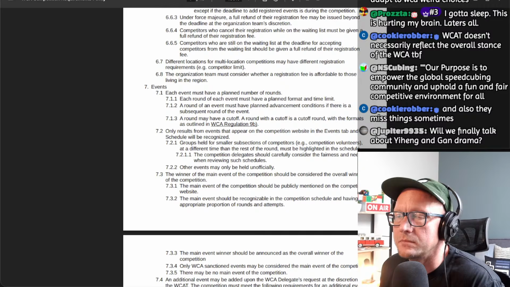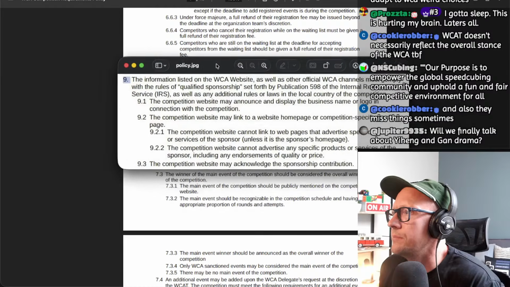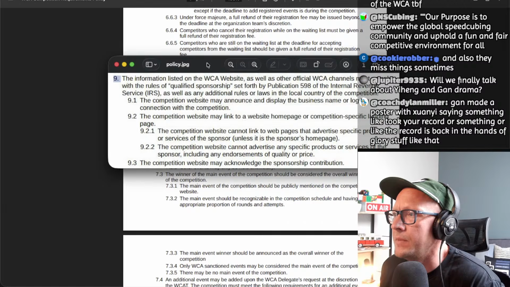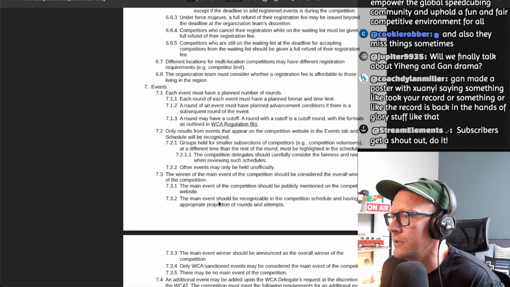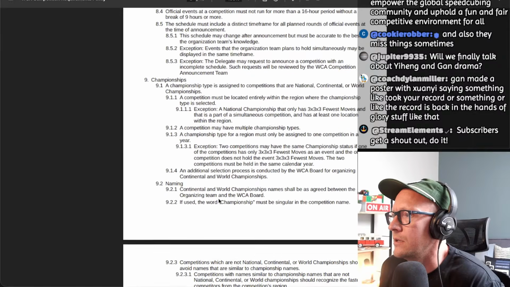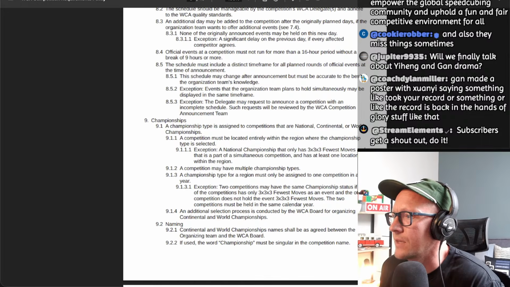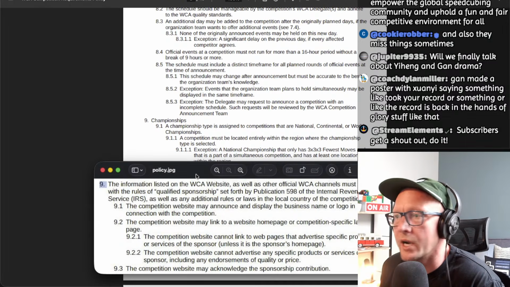So this is what was posted on one of the forums as the issue. I was trying to find what document it came from, but now that I'm seeing this document I've been sent, I'm not sure. This is not what I was looking for. Dang it. 9.1 is not the same here as 9.1 is here. So it's not the competition requirements policy.